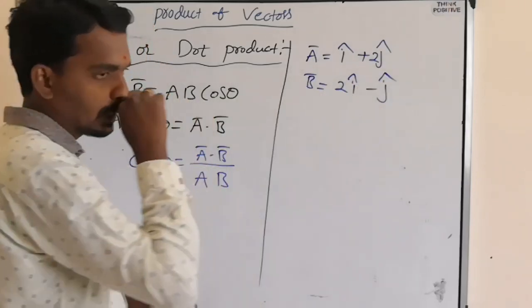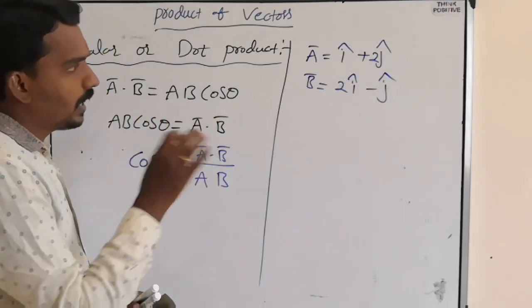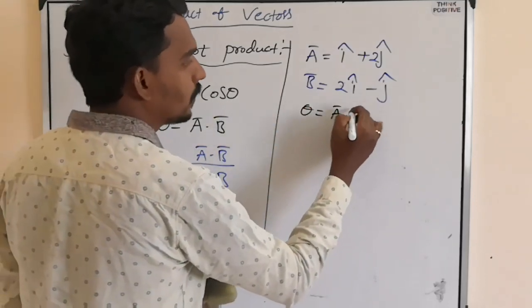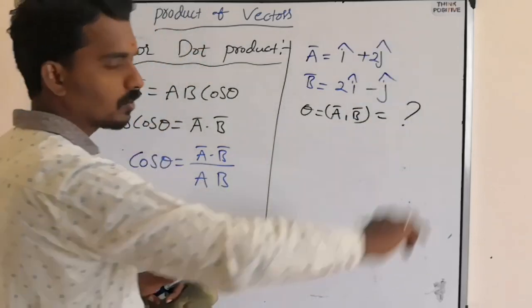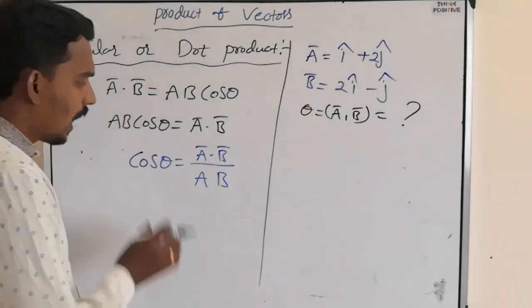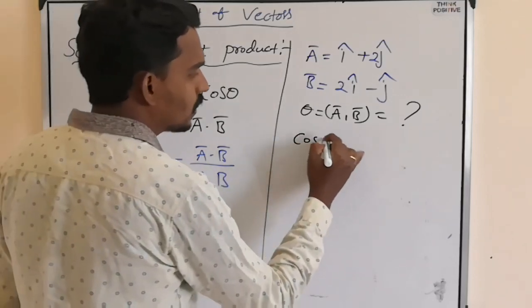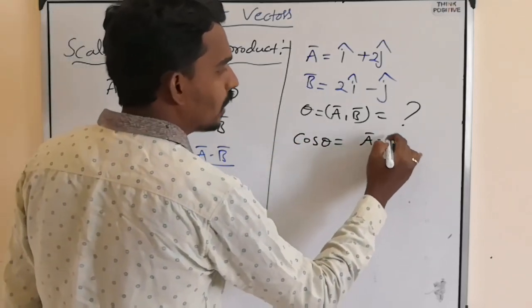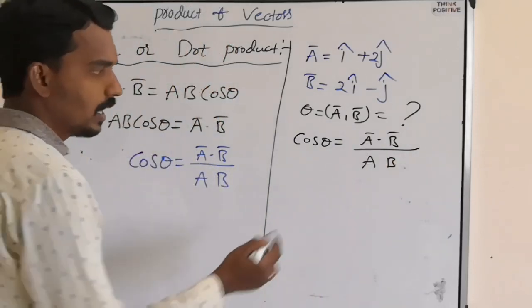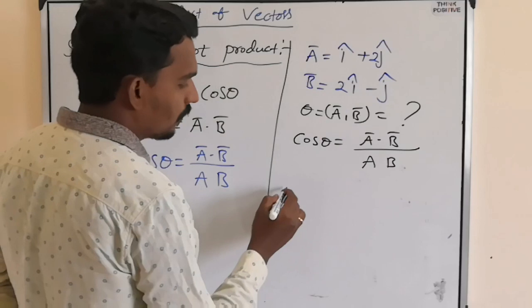Now two vectors are given, and they are asking what is the angle between a bar and b bar. So this is the question. I said the formula is cos theta equals a bar dot b bar by ab, where a is the magnitude of a bar.